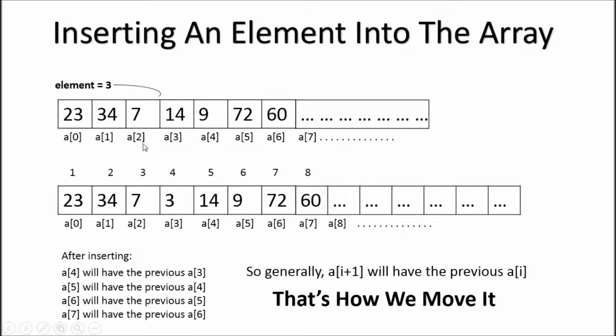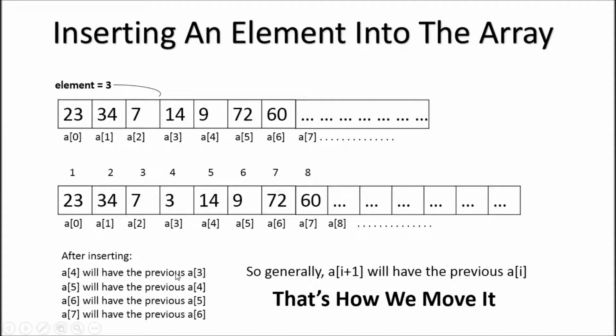When 3 is inserted at this position, the elements that were present here will be moved to the right. So that's how we have to do it. We move the elements on the right to the right by 1 block. What we can generally conclude from this is a of 4 will have the previous a of 3, a of 5 will have the previous a of 4, a of 6 will have the previous a of 5.